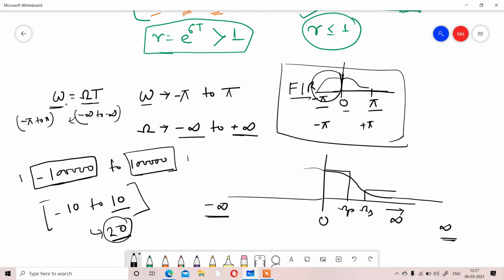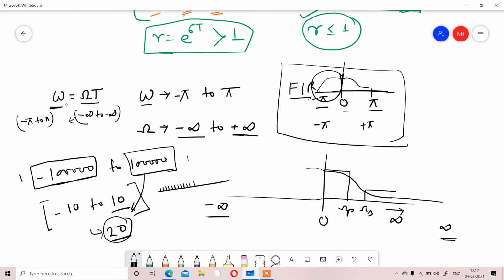Means what? Meaning is that we cannot count each and every point separately after mapping. If we simply map these 2 lakh into 20, we cannot count each and every point separately.